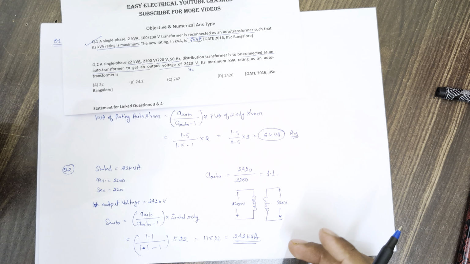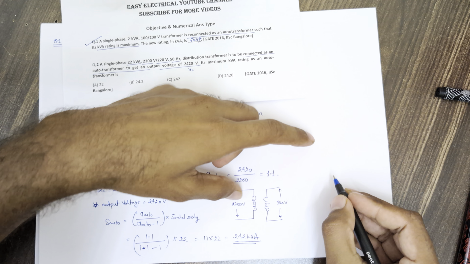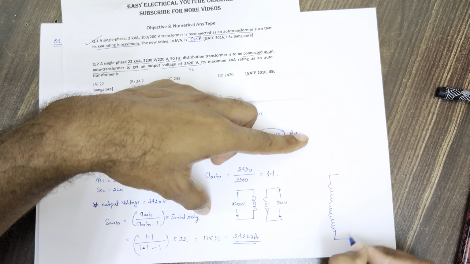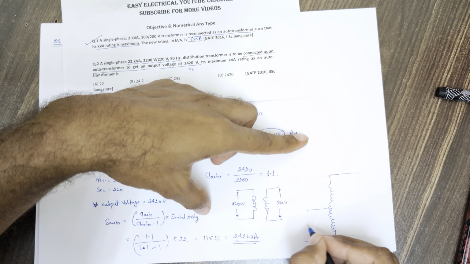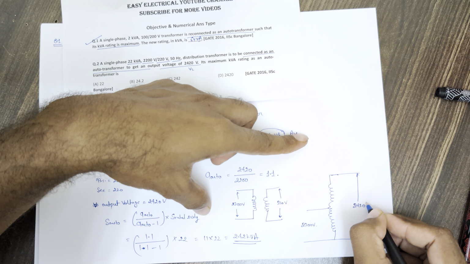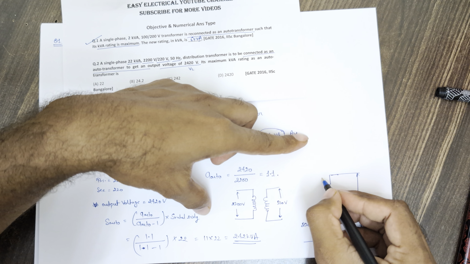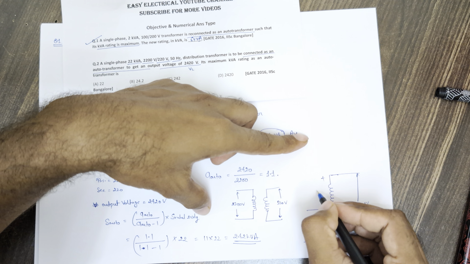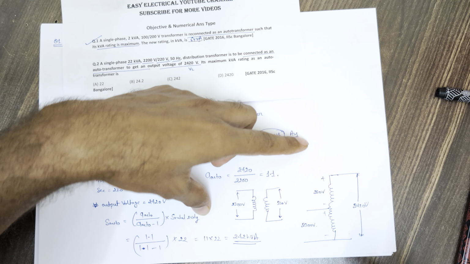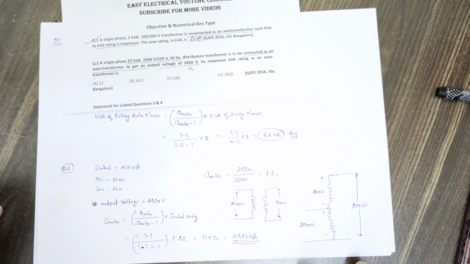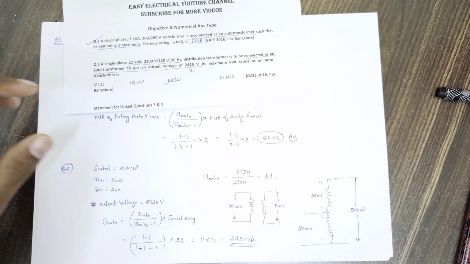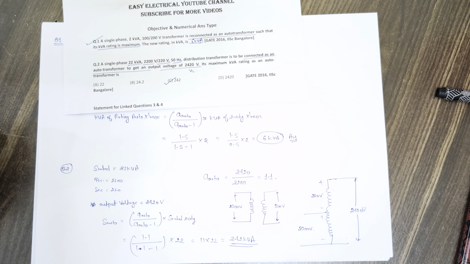And he is saying that our output voltage is like this, and this is our 2420 volt, additive polarity, and this should be 220 volt. It will be like this. So this is question number 2, answer C, asked in the 2016 GATE examinations.